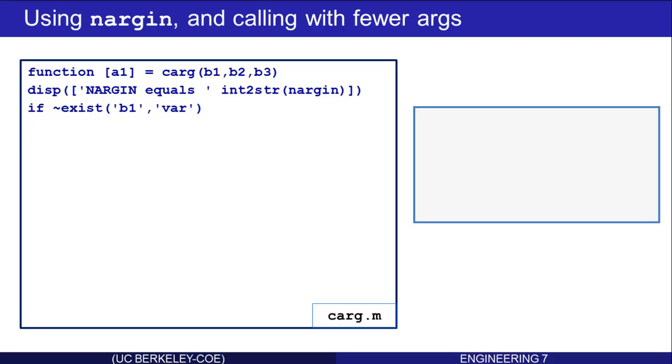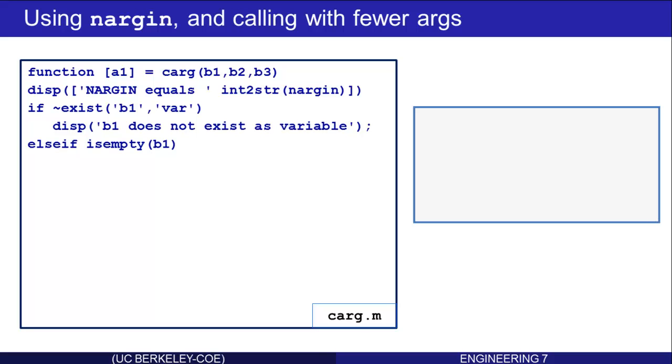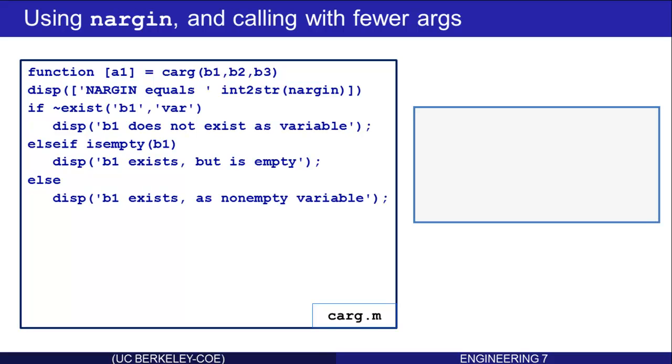Next, a conditional checks for the existence of the variable named b1, which is the first input argument. If it doesn't exist, there'll be a display that says b1 does not exist. If it does exist, the next conditional checks if it's empty and properly displays. Finally, if the variable b1 exists and is not empty, then the display indicates that.